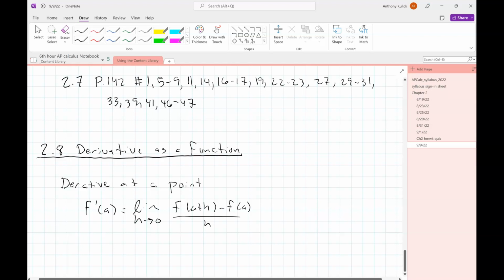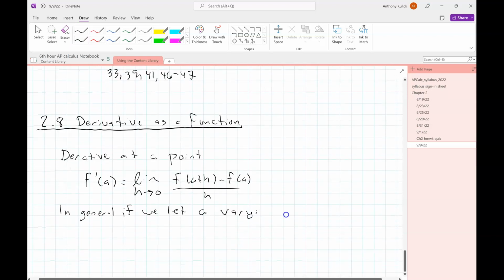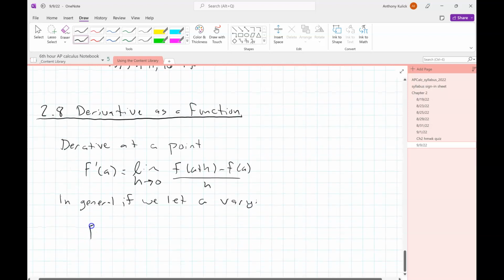Yeah. And in this form that we've currently written it, remember there's a couple of different ways to write this, but this one with the h is particularly helpful if we're going to do this in general. So if we let A vary, what do we call that when something varies? Variable.